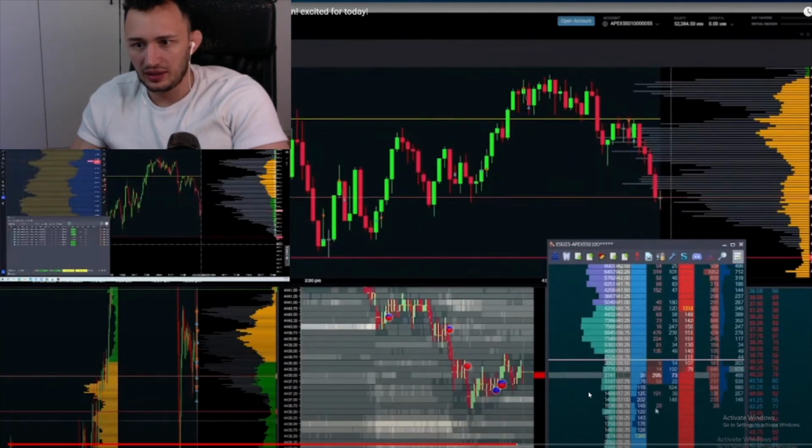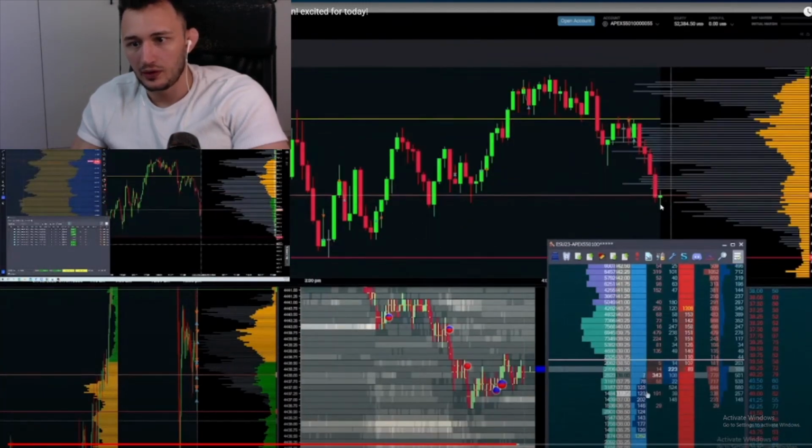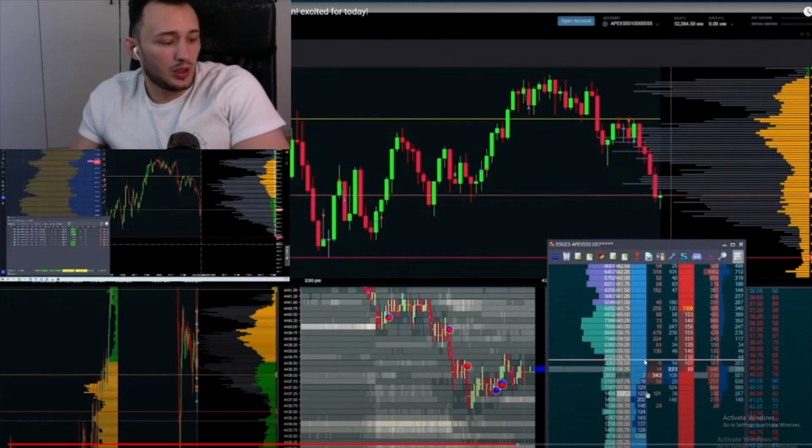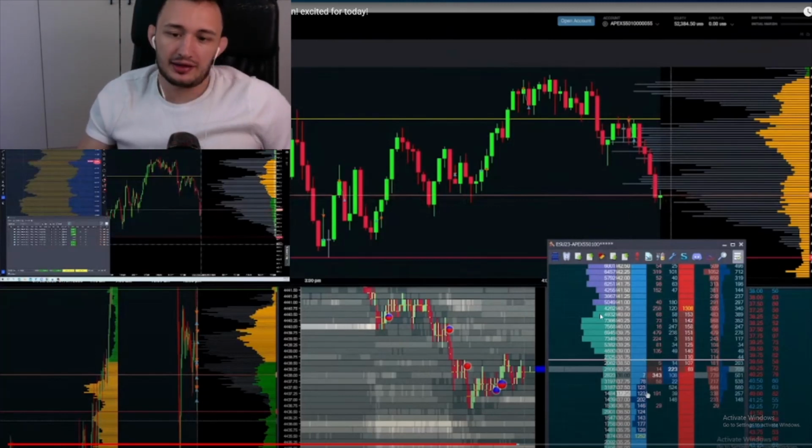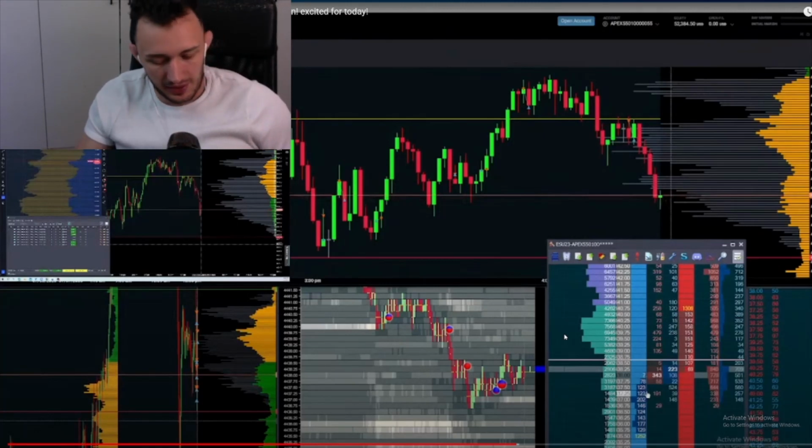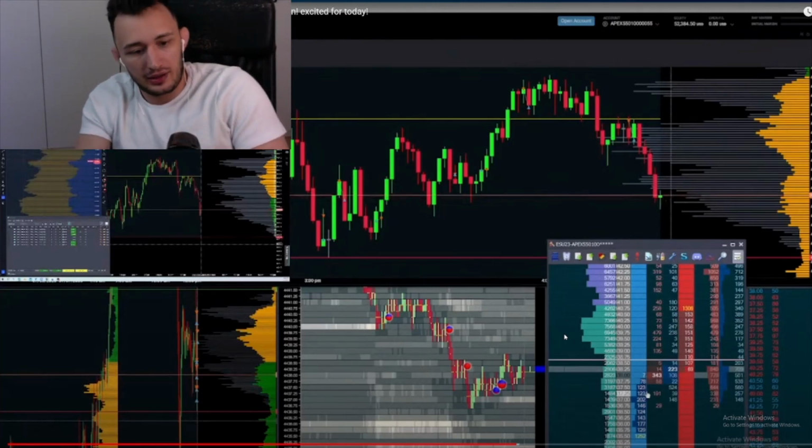This was the start of this move that took out the liquidity below here. So that's kind of how I want to look at this. I think the second one is maybe even better than my breakdown. It kind of annoys me that I didn't see it during the session.